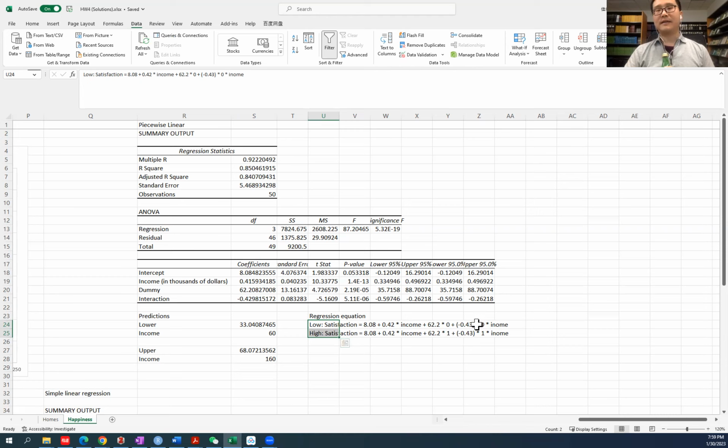And the last term, the interaction, is what is meant by the difference in the impact of income on life satisfaction. So they differ between these two groups. Did you get what I meant?